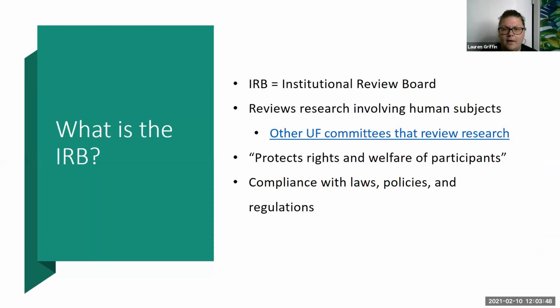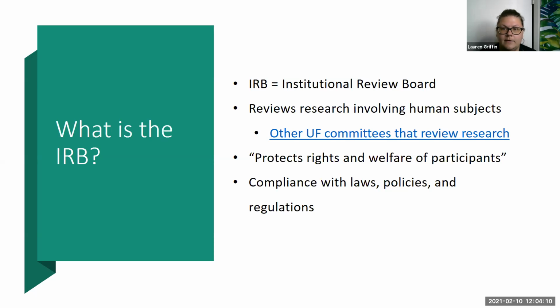So first of all, just as a sort of a general thing, what is the IRB? So we're the Institutional Review Board, and our job here is to review research that involves human subjects. Predominantly, the IRB is focused on the ethics of research and compliance with law, policy, regulations.